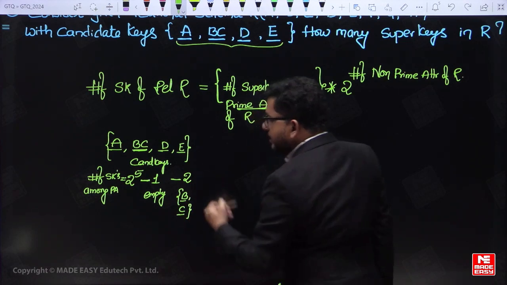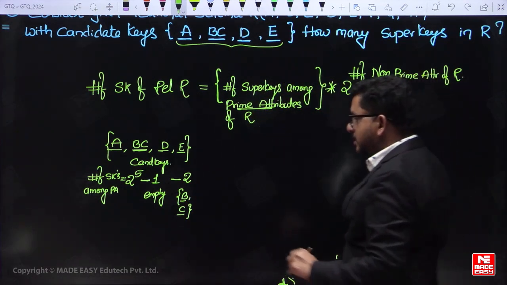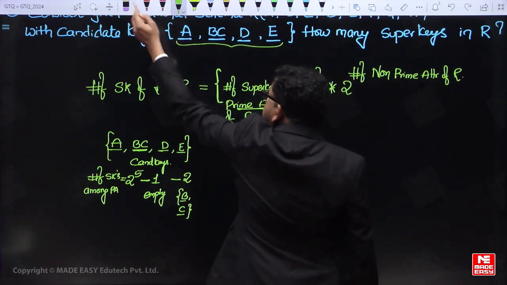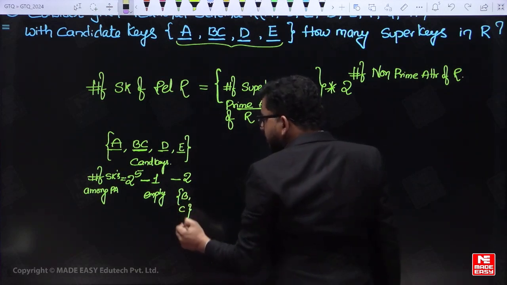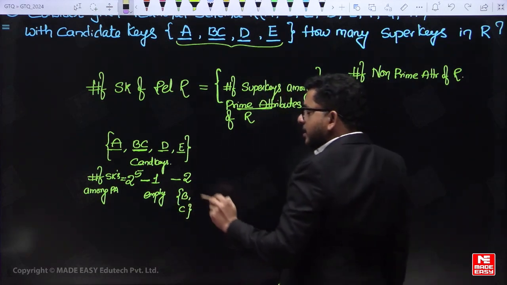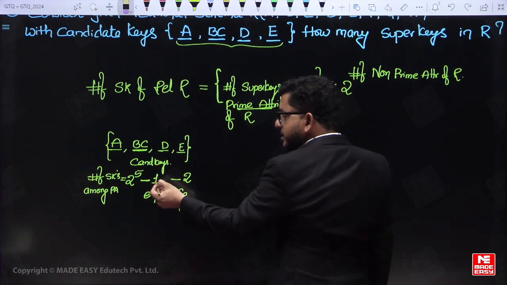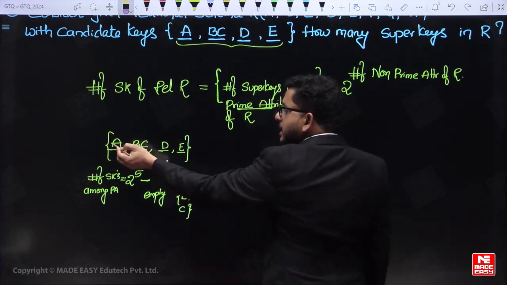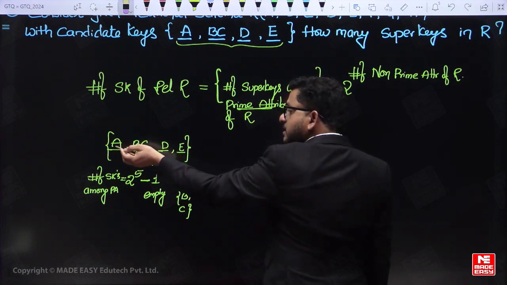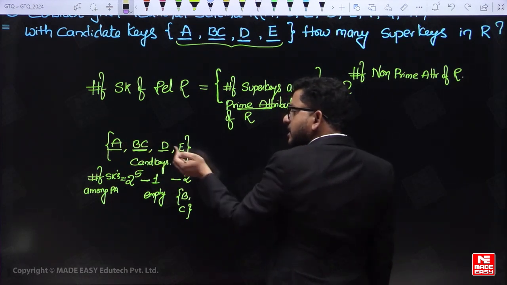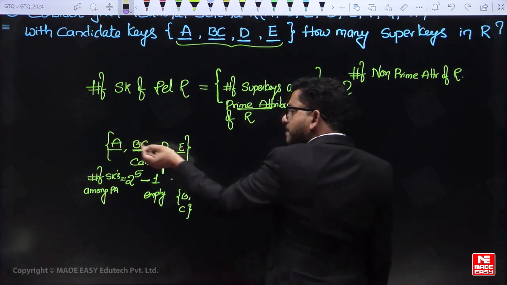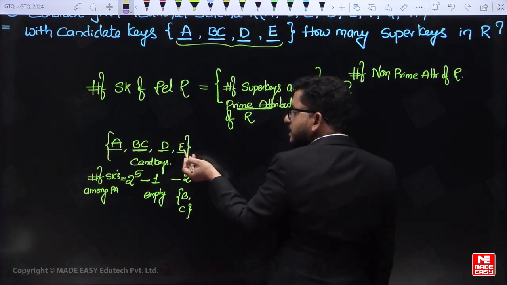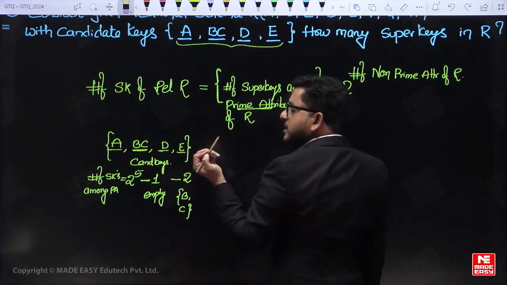We exclude those two possibilities. Other than the empty set, only B and only C, everything else is a super key, because A itself is a super key, A combined with any other attribute is also a super key, D itself is a super key, D combined with any attribute is also a super key, and E combined with any other attribute is also a super key.